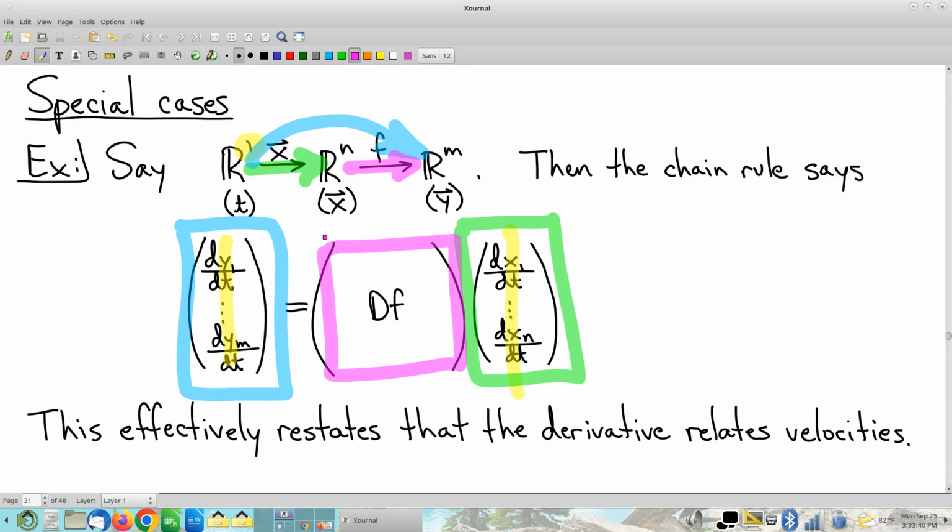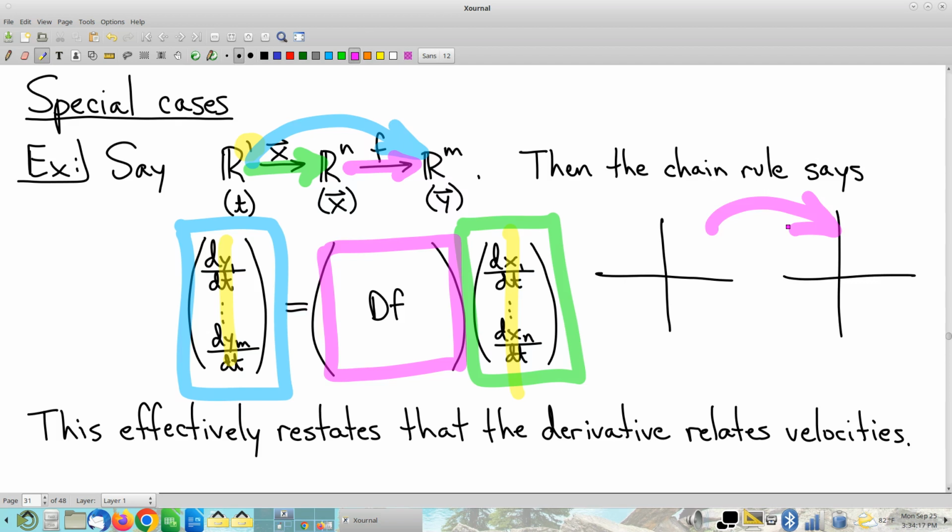So input velocity to output velocity, yeah. So in this case, is the first function, where it's R1 to Rn, the same as a parameterization? Yeah. So both the green function and the blue function are parameterizations. Yeah, that's right. So here, let me draw a picture of what this might look like. Sort of a diagram. I'm going to say we have a domain there and a target there, and f is this function that goes from the one to the other.